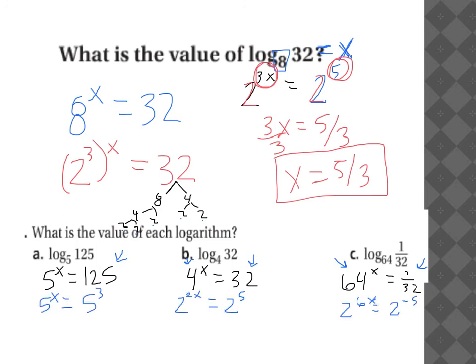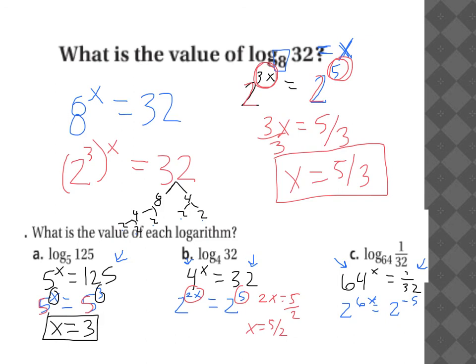So for this first one, since they both have a base of 5, that means I can set their exponents equal to each other. So x is just going to be equal to 3 for this first one. For the second one, they both have a base of 2, so I can set my 2x equal to 5. So 2x is equal to 5, divided by 2, x is equal to 5 halves.